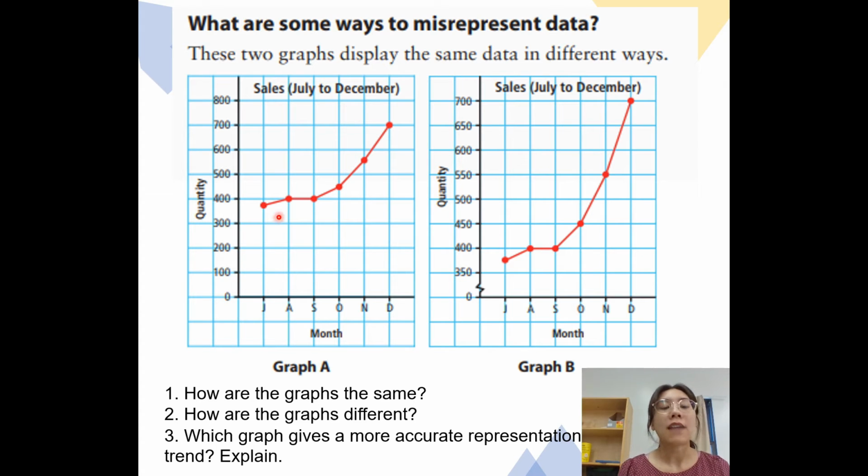So we look at graph A and we notice that, yes, the sales in July, August, and September are fairly low, but they're fairly close to each other. And so there is an upward trend, but it isn't as exaggerated as we might think. And so I'm tempted to say that graph A is slightly more accurate compared to graph B. We'll be looking at graphs like this and just discerning and deciding which graph is a little bit more accurate.